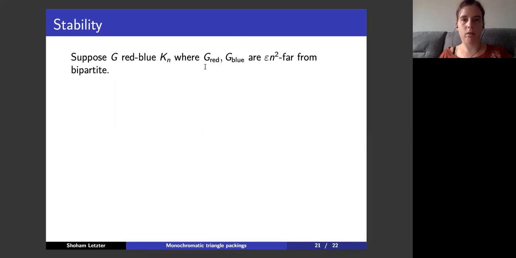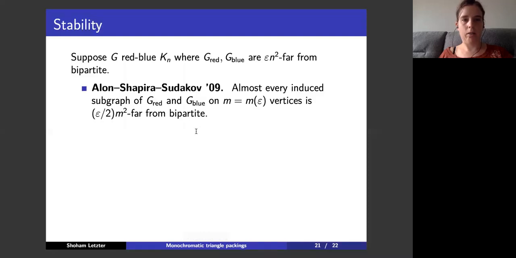And my goal is to show that I can find a collection of edge-disjoint monochromatic triangles with significantly more than n squared over 12 triangles. Okay, so the idea is to use this result of Alon, Shapira, and Sudakov, and this is already an idea that we're borrowing from Misha Tyomkin's paper.